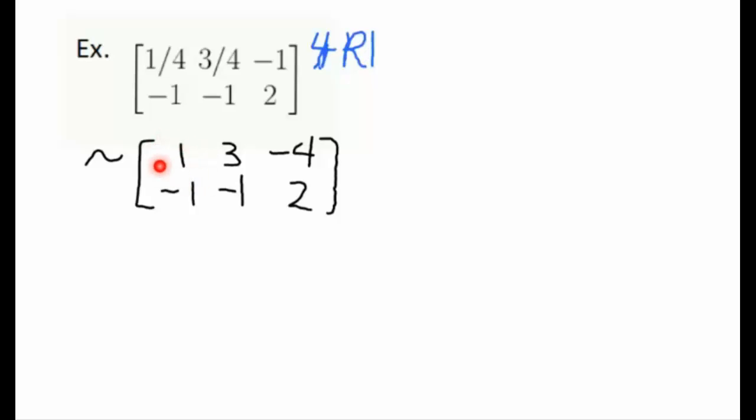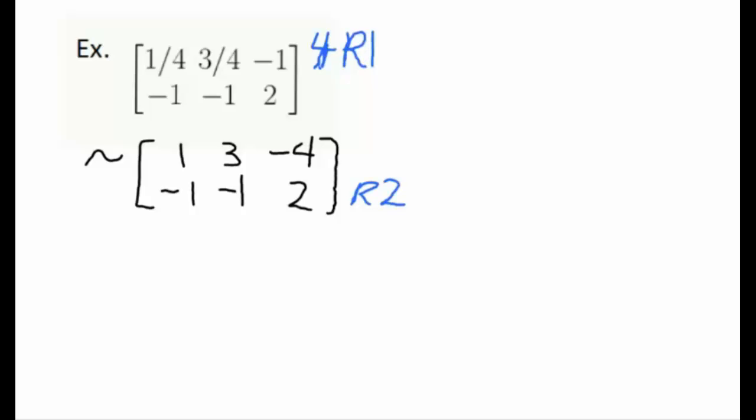Now that we have a leading one in this first spot up here, this 1,1 entry, what we have to do is we somehow have to create a 0 down here. And in order for us to create zeros, we have to use type 2 operations. So specifically here, I'm going to be taking row 2, and I'm going to be adding or subtracting a multiple of row 1.